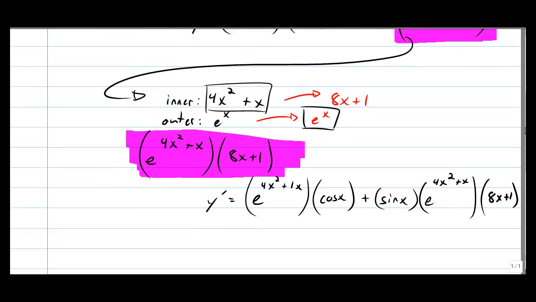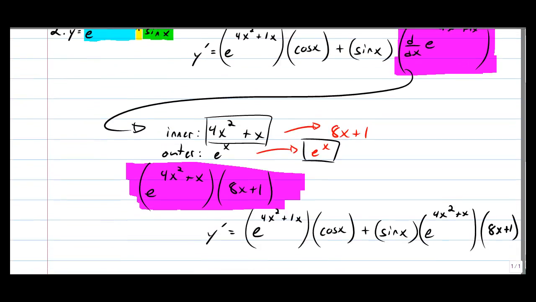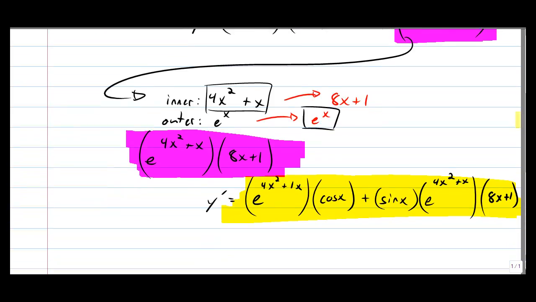Here we go. So there's my final answer. I'll put it in yellow. So I needed the product rule and the chain rule in that problem. Could that be simplified? Yeah, it could. Not that worried about it for now. We're just looking at the rules for derivatives.